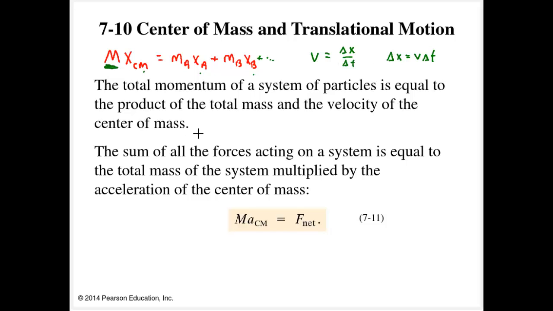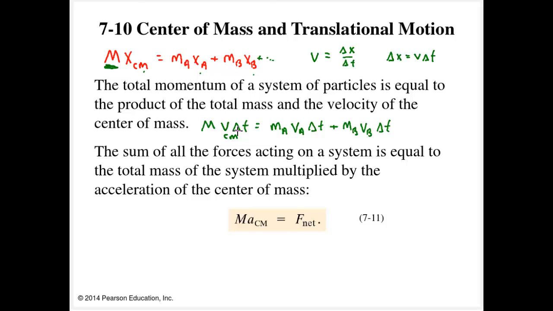So I can rewrite this equation as the total mass of the system multiplied by the velocity of the center of mass, which is equal to the mass of A multiplied by the velocity of particle A plus the mass of B multiplied by the velocity of particle B, each with the change in time.